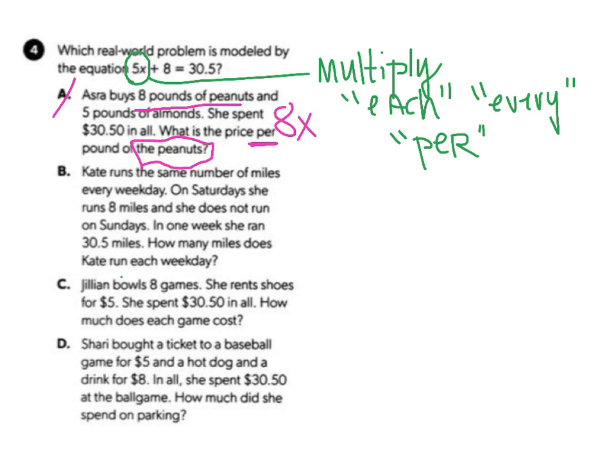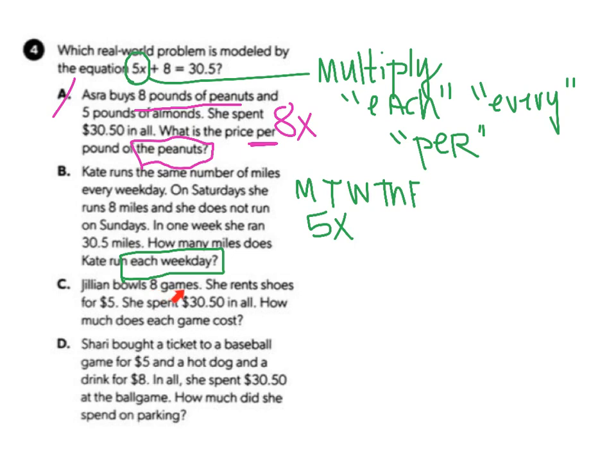It says, how much does she run each weekday? So if you think about a week in general, there's Monday, Tuesday, Wednesday, Thursday, Friday. So there's 5 of those. 5 weekdays, so this would be 5x. So that looks pretty good. But you should always check all your answer choices just in case.